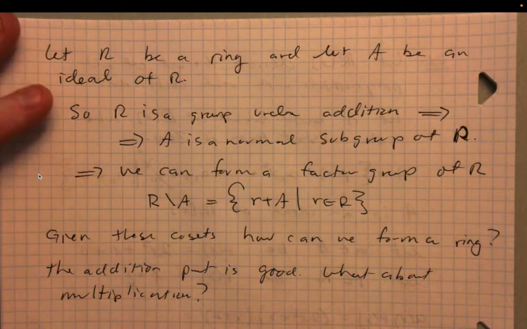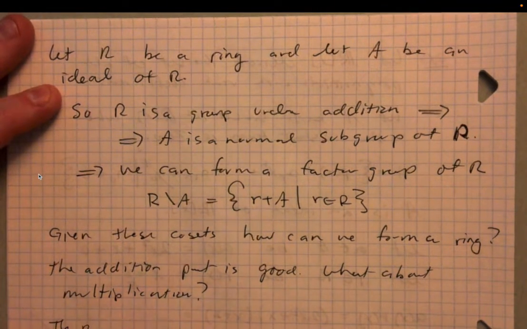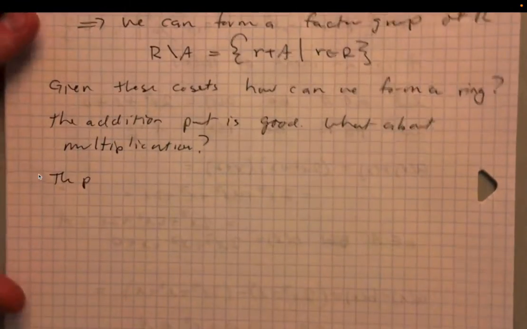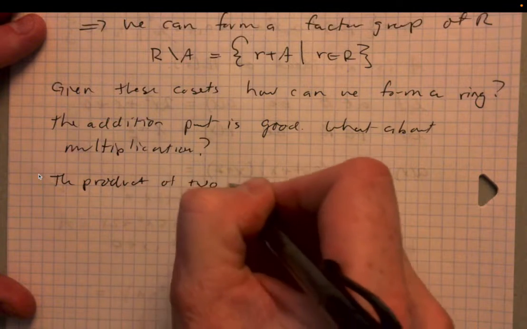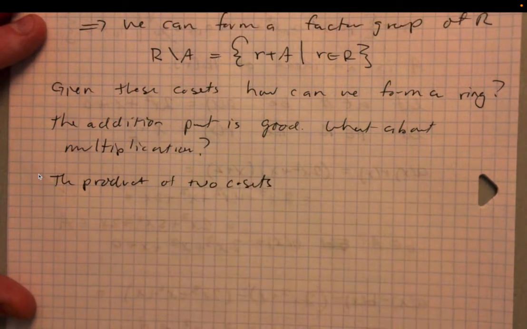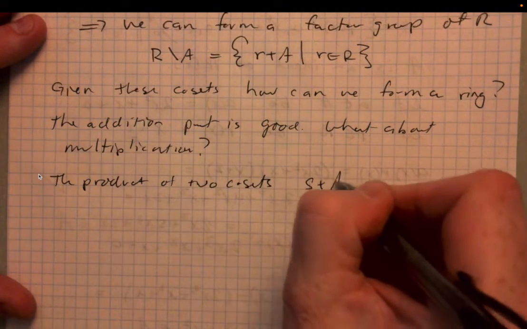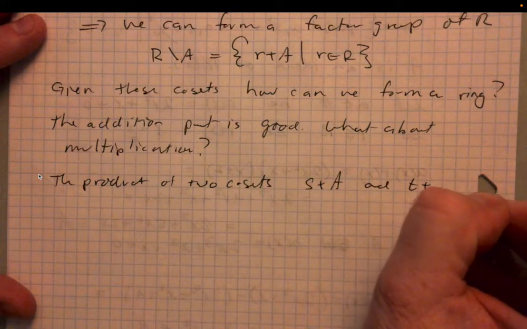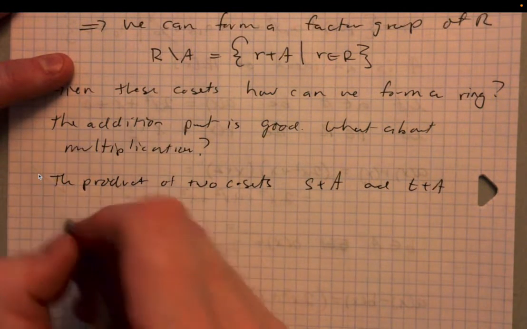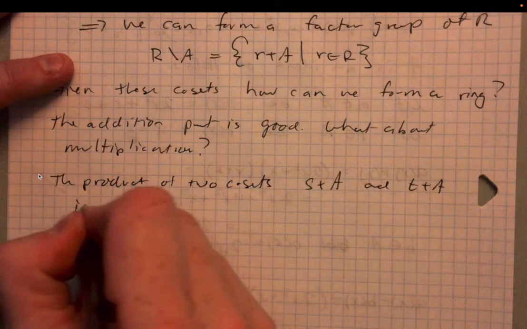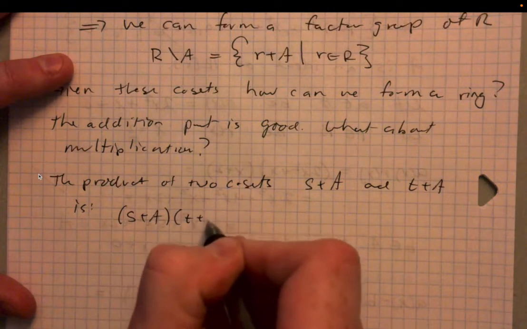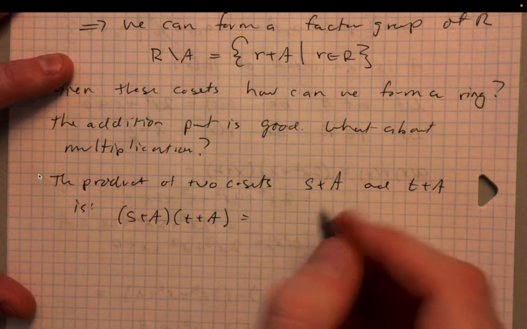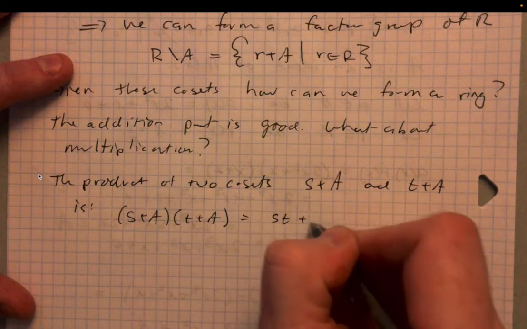We can define the product of two cosets, S plus A and T plus A. We'll write it: S plus A times T plus A is equal to ST plus A.